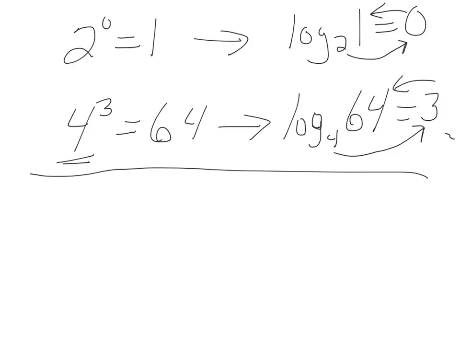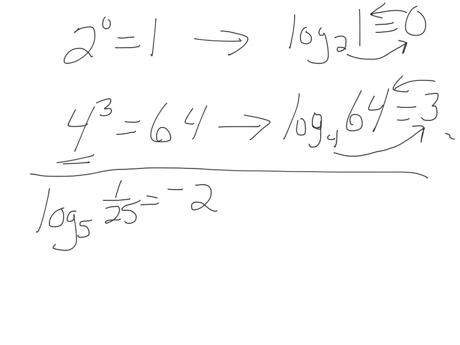To go backwards from a logarithmic equation and turn it into the exponential equation, it's going to follow a lot of what we were just doing. And again, you can just verify if you did it correctly at the end.